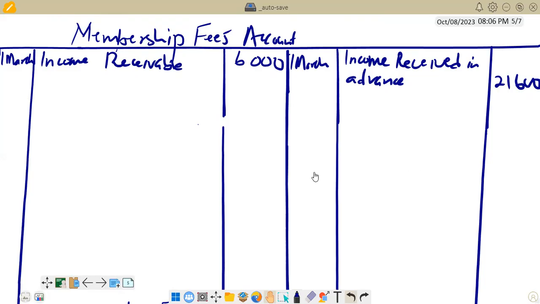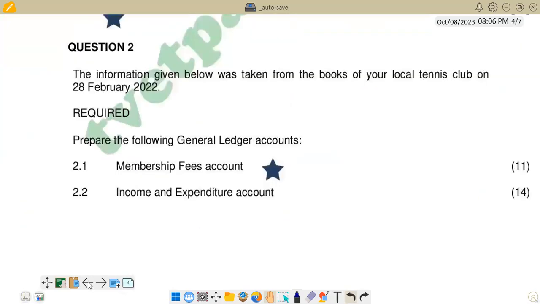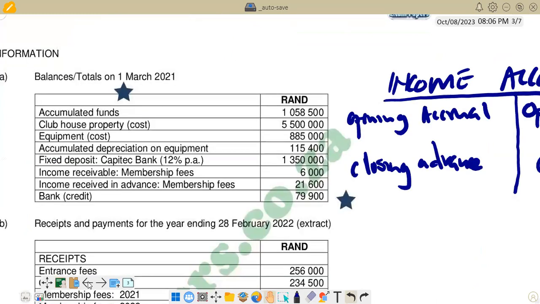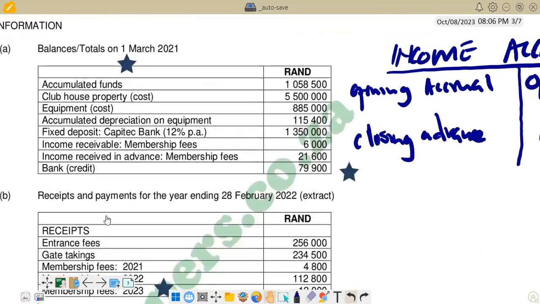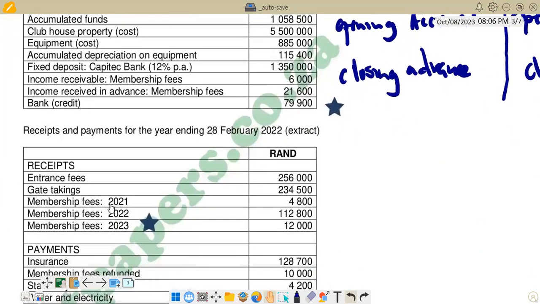Having done this, we go back to the information given in the question. We now want to look at the information under receipts and payments, which is where we get information concerning this membership fees account. We want receipts affecting the membership fees account.